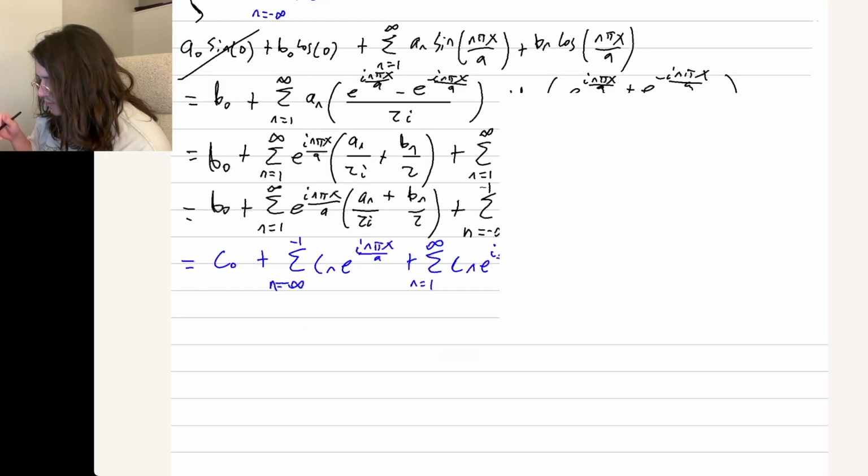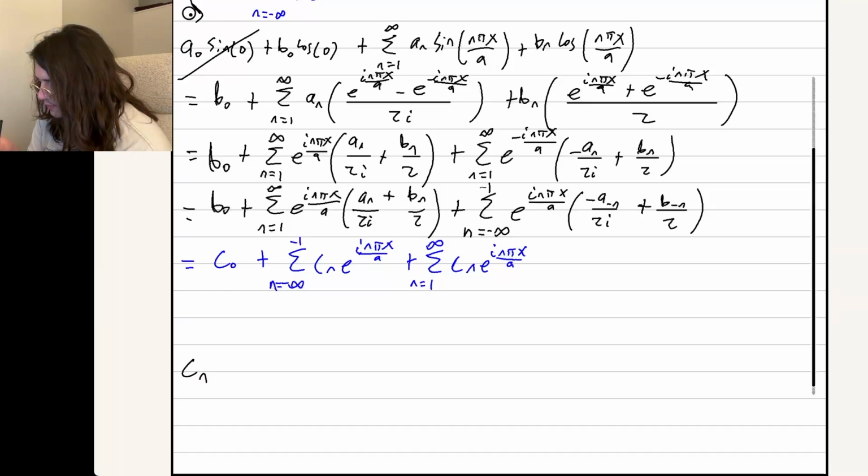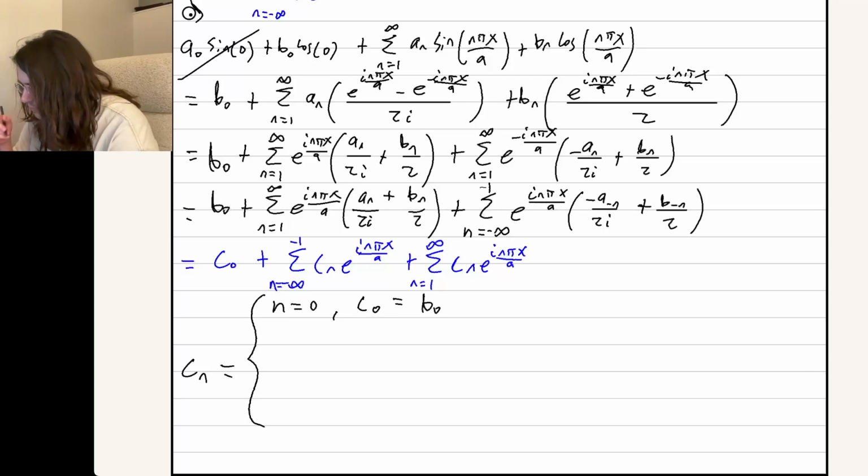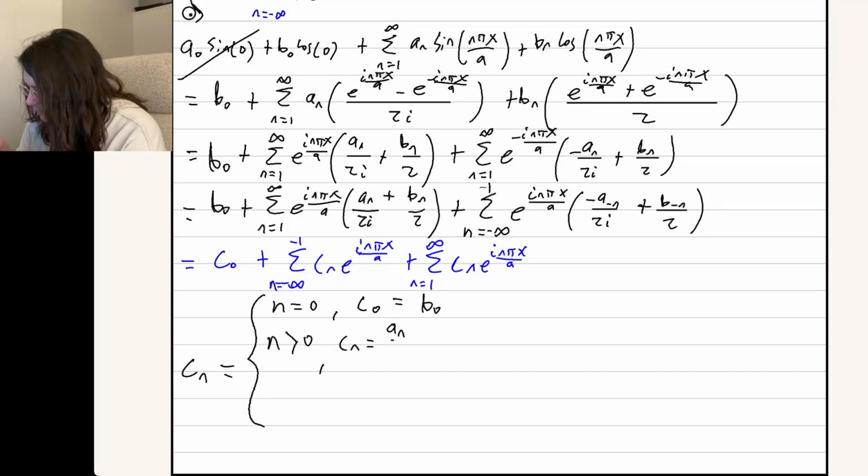So it looks like c(n) has this relationship with a(n) and b(n). And I'm going to make a big curly bracket. For n equals 0, c0 is just going to be equal to b0. So nothing crazy there. And then for n greater than 0, we'll compare this constant with this constant, and we'll say that c(n) equals a(n) over 2i plus b(n) over 2.